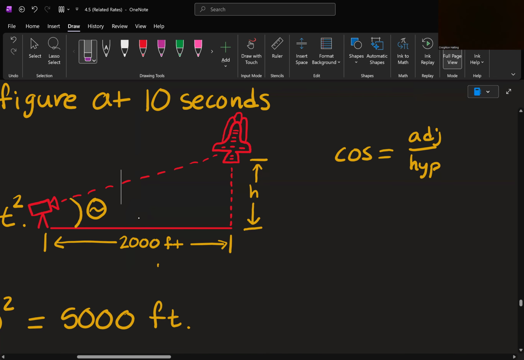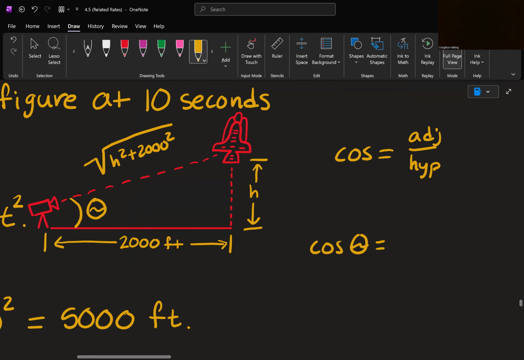It would be the square root of h squared plus 2000 squared. So that means that cosine of theta is going to be 2000 over the square root of h squared plus 2000 squared. Okay, so we're going to save that.